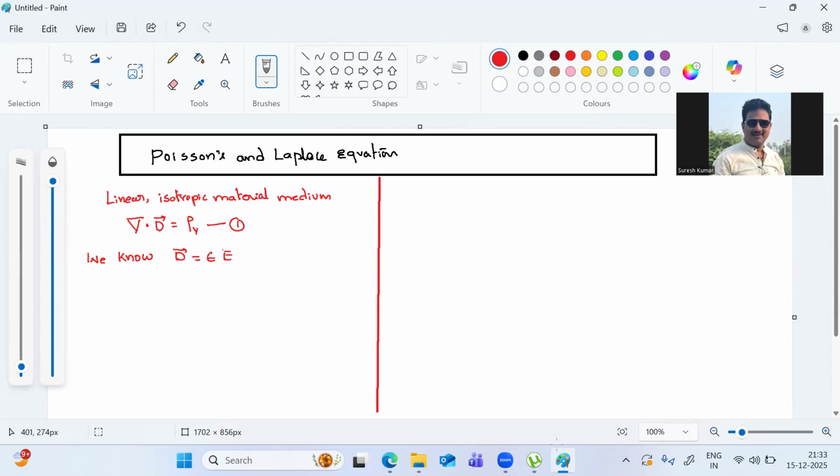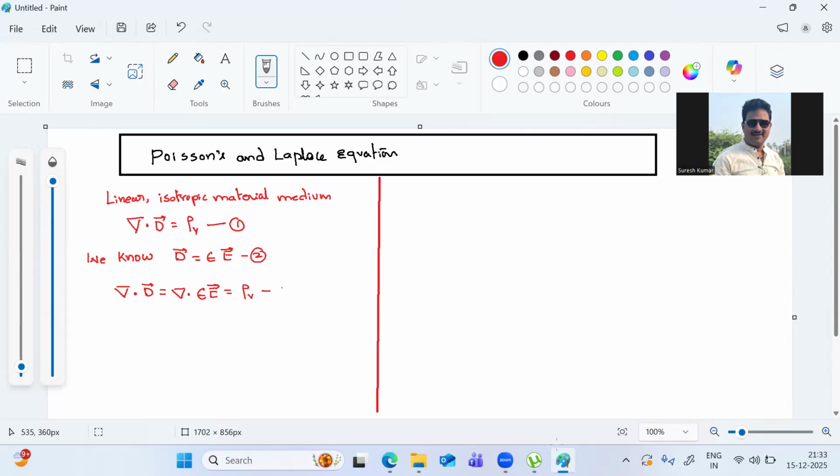This is equation 2. Now substitute equation 2 in equation 1: del dot D bar, which is equal to del dot epsilon E bar, which is equal to rho v.